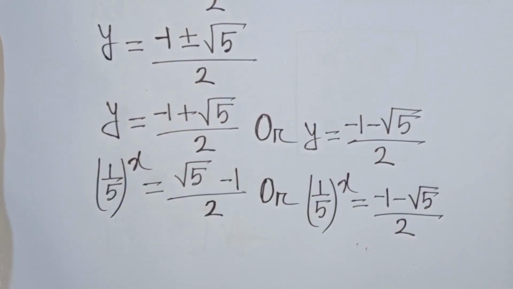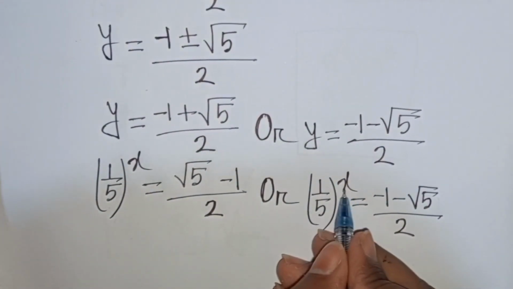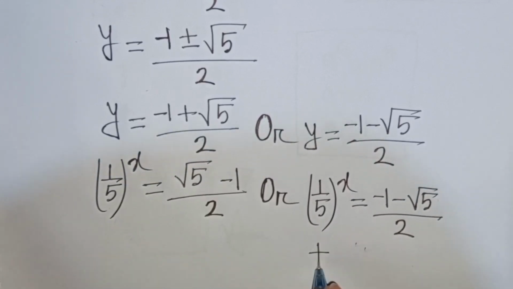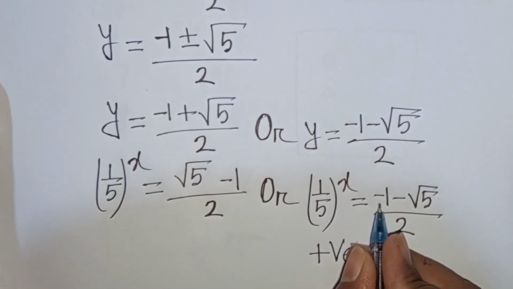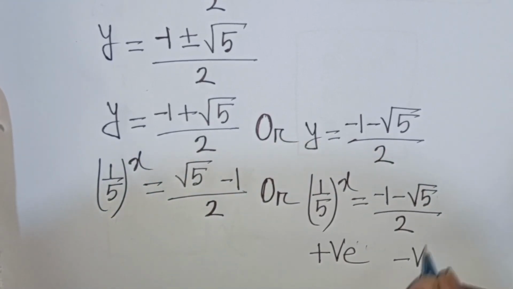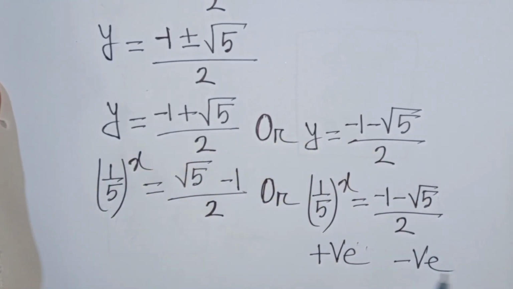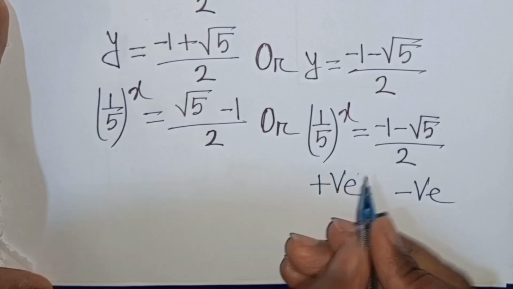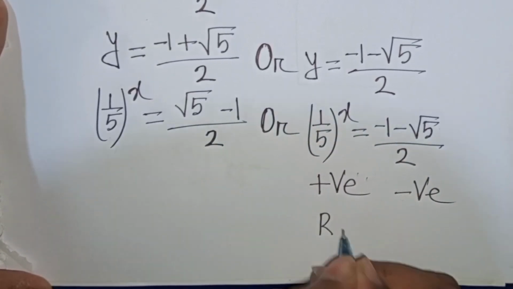Now we see (1 by 5) power any number is always positive, but minus 1 minus square root of 5 divided by 2 must be negative. So positive cannot be equal to negative, so this is rejected.